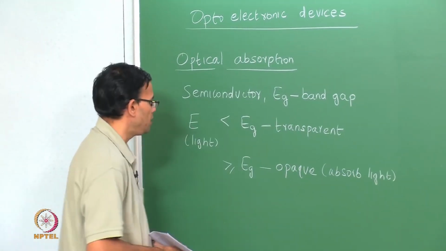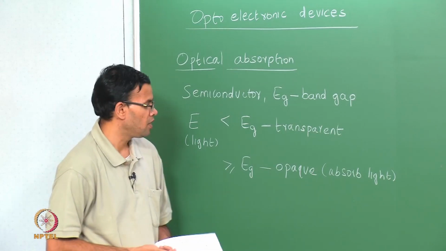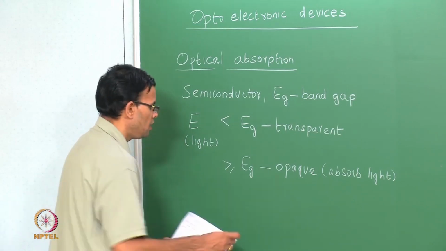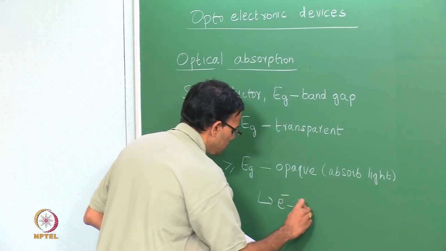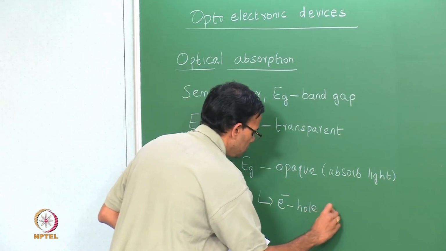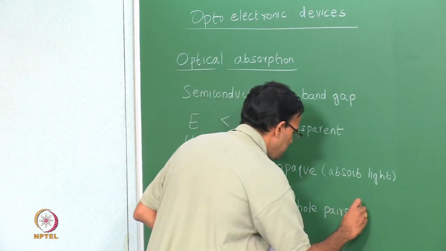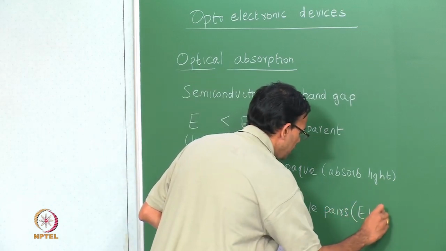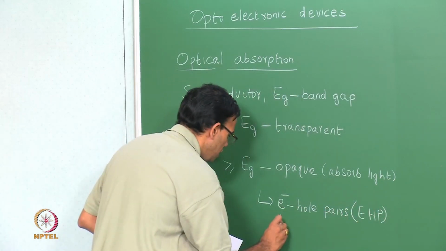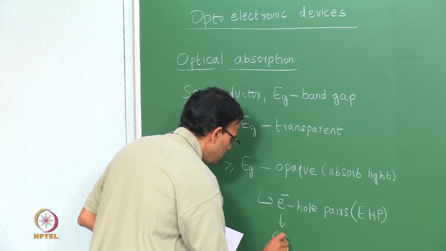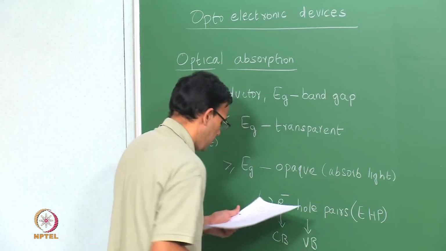When you have incident light of energy greater than Eg and light gets absorbed, it produces electron hole pairs. We can also abbreviate this as EHP, which just means electron hole pairs. So, you have electrons that are produced in the conduction band and holes that are produced in the valence band.